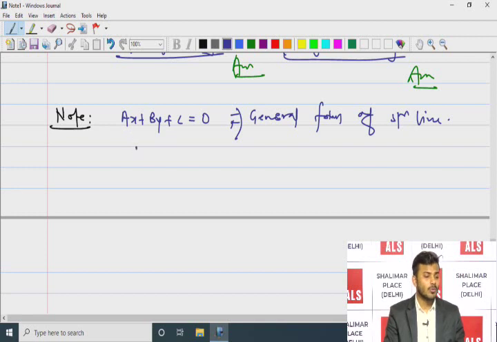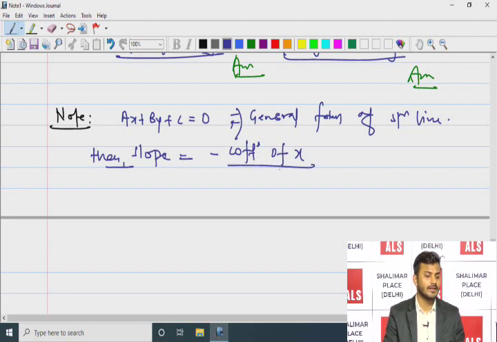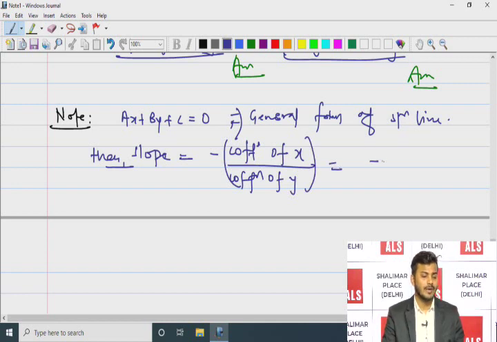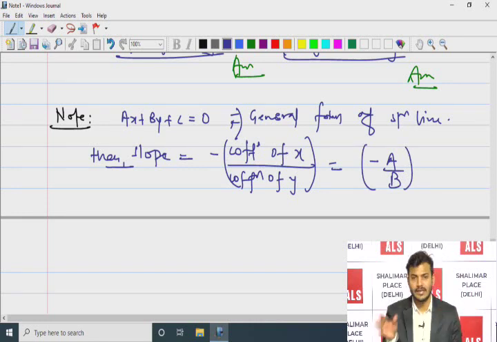So what is the slope of this line, right? Slope will be defined as minus of coefficient of x divided by coefficient of y. Clear? That means minus of a upon b. You have to remember, this is very much important. Whenever a general line is given, your value of slope will be minus of a upon b, right?